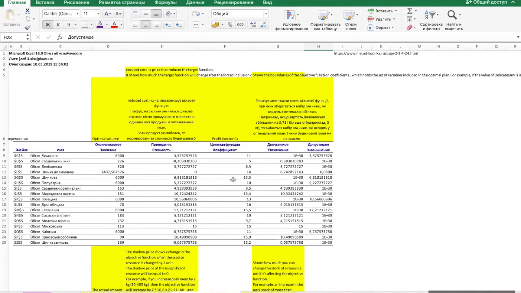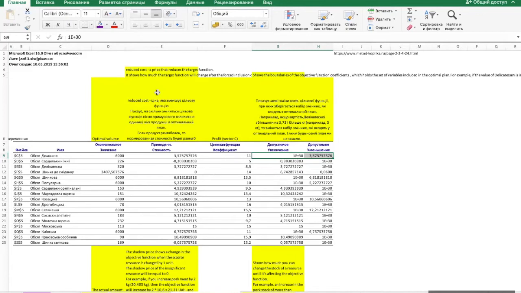If we make changes beyond these limits, it will cause some changes in our optimal plan, but we do not know exactly what kind of changes it can cause.